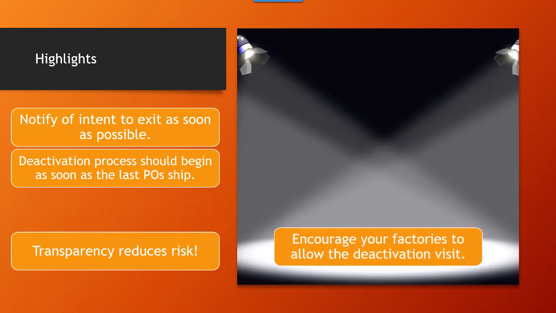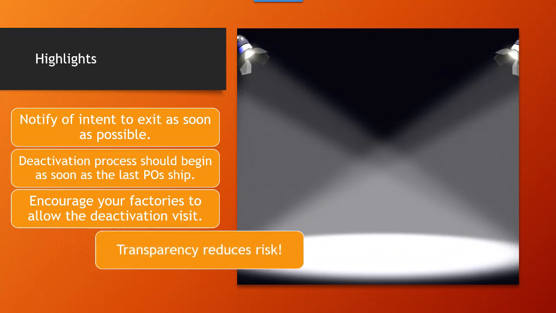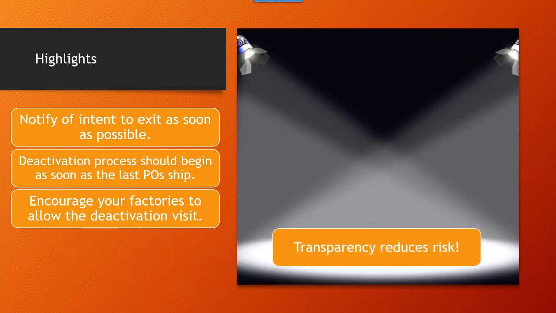Communicate with your factory manager about the deactivation visit and encourage their cooperation. And last but certainly not least, risk management depends on communication. Good communication between the factory, the sourcing team, and CSR is key to transparency.